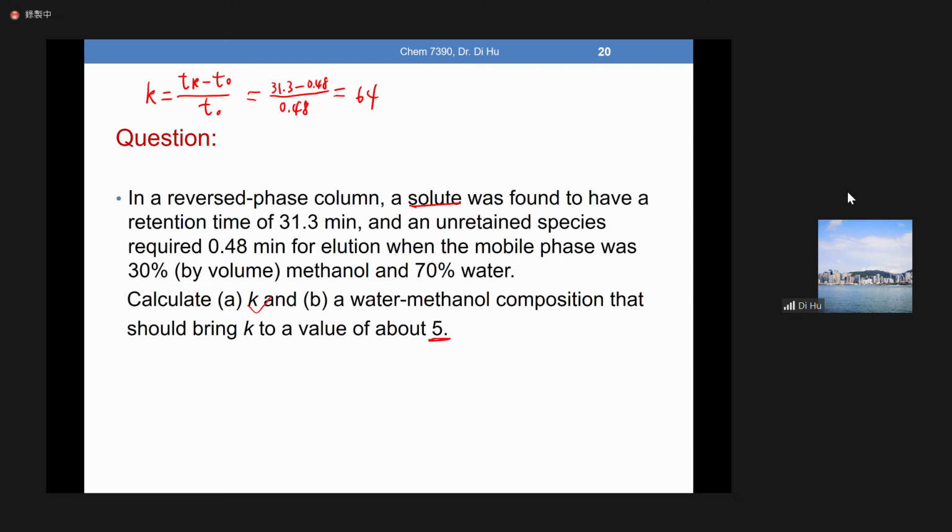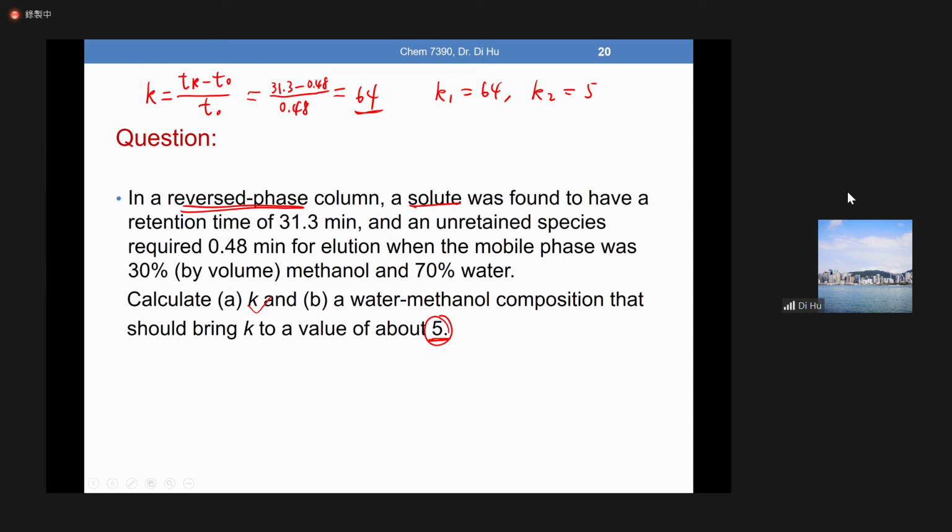Now the second question: we have the 64 and I want to bring the K value to 5. So now I have K1 equal to 64 and K2 equal to 5. And it's reverse phase. Can we go back to the previous slide? What is that equation?